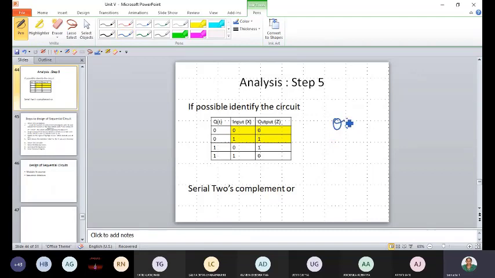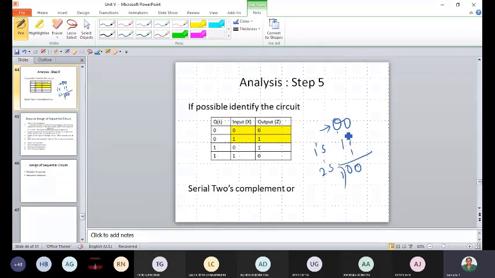For example, if I'm having 0 0 as the input, if I need to take the 2's complement, so 1's complement will be 1 1, and then 2's complement will be this plus 1. I'll be getting 1 0 1.